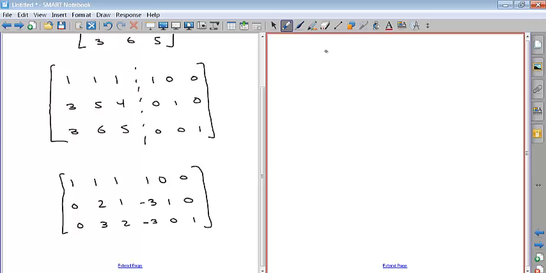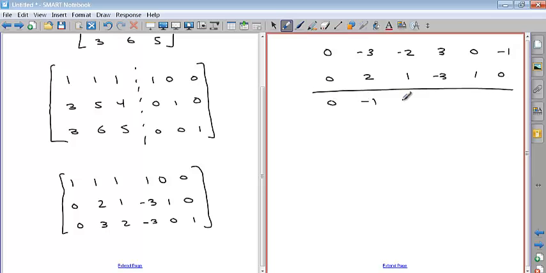I'm going to take the negative of the third row, and I'm going to add that to the second row. So I add those together, I'll get 0, negative 1, negative 1, 0, 1, negative 1. And then I'm going to change the sign of it.